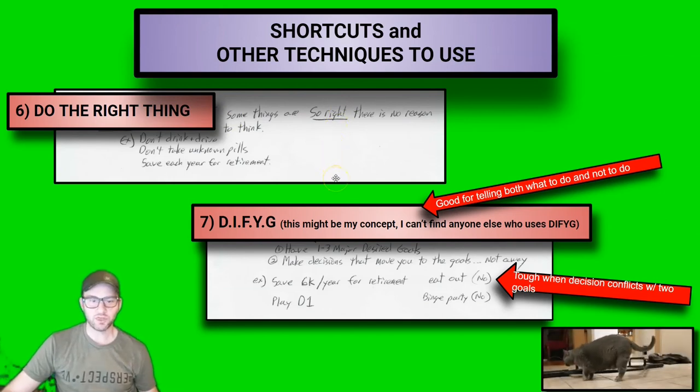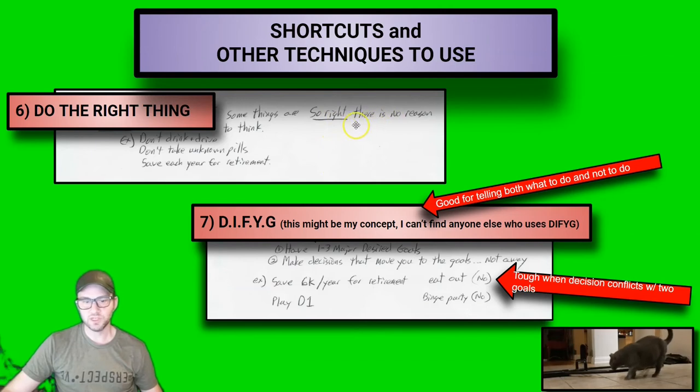And as soon as you start thinking that maybe you should choose differently, you just go back to what you, quote, know is the right thing to do. Some things are so right that there is no real reason to think about it. There's just not a situation that could make it right.